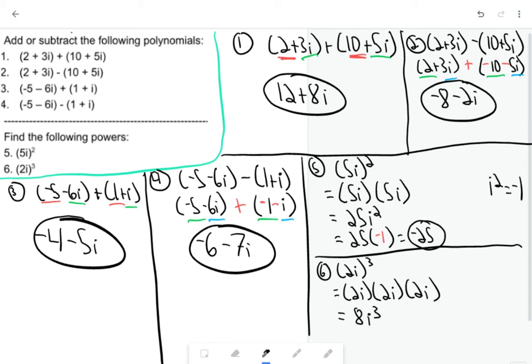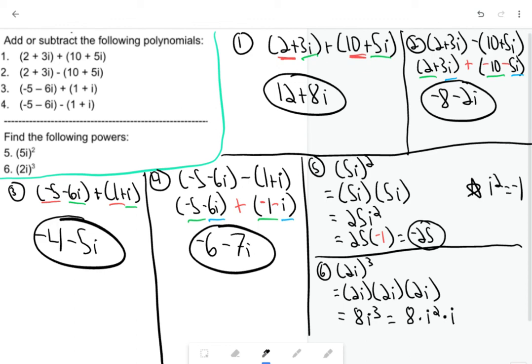Now, we know that i squared is equal to negative 1, but we don't know anything about i cubed. So in order to simplify this, I'm going to break things apart a little bit. I want you to see what I do here. I'm going to rewrite 8i cubed like this. What did I do here?